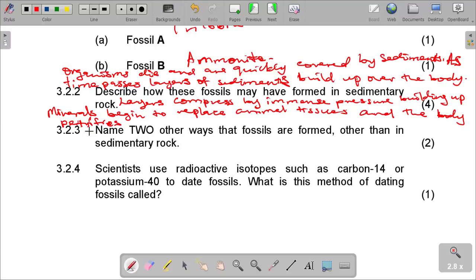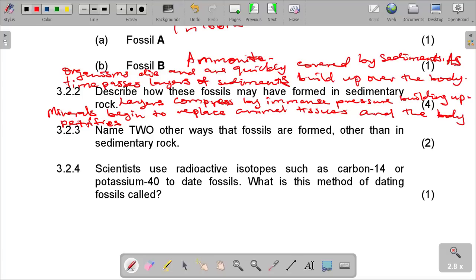As time passes, layers of the sediments build up over the body, and then the layers compress because of immense pressure building up. Minerals begin to replace animal tissues, and the body petrifies. Therefore, we can have these fossils forming in sedimentary rocks, the way the question is asking.